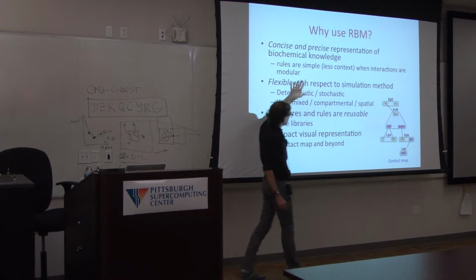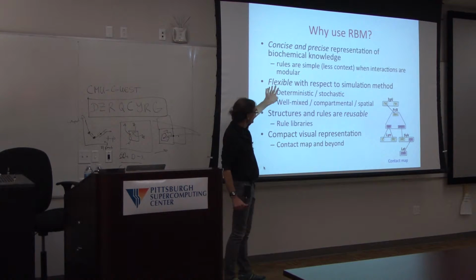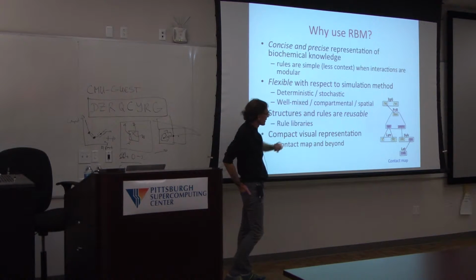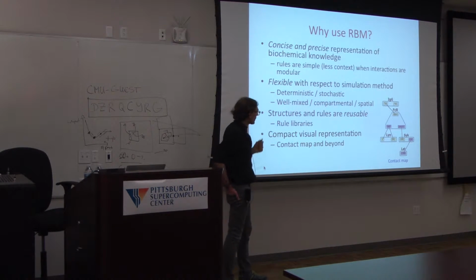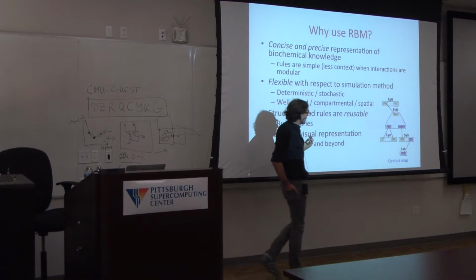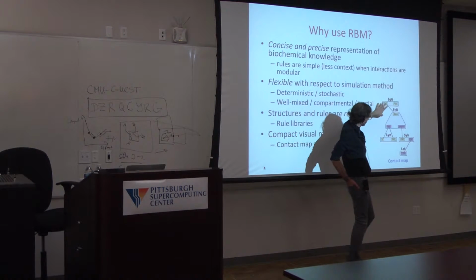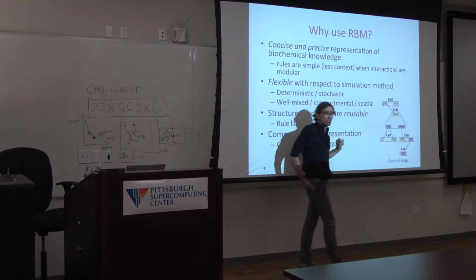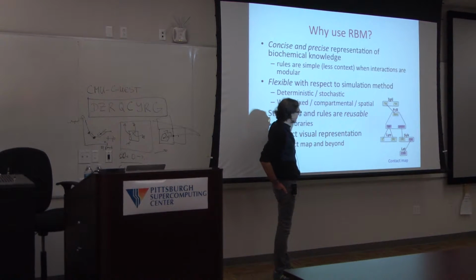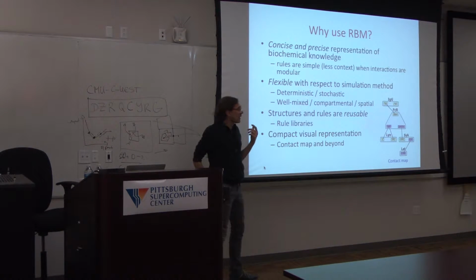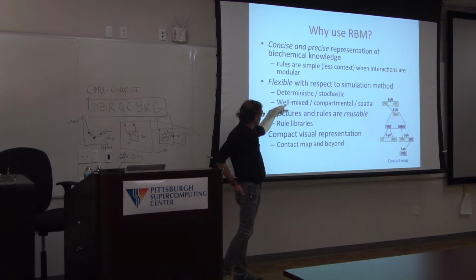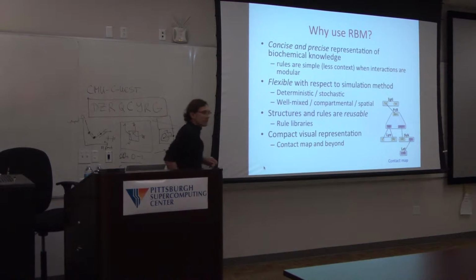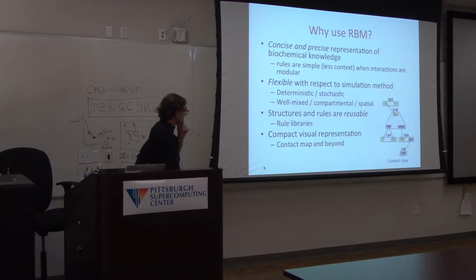So we're flexible with respect to the ways that we can simulate models that are specified using rules. And so it's great for interacting with a system like MCell. We can write a rule-based model in terms of biomolecular interactions. We can perform preliminary simulations of that model using deterministic, approximate, well-mixed assumptions about the reactants in the system.